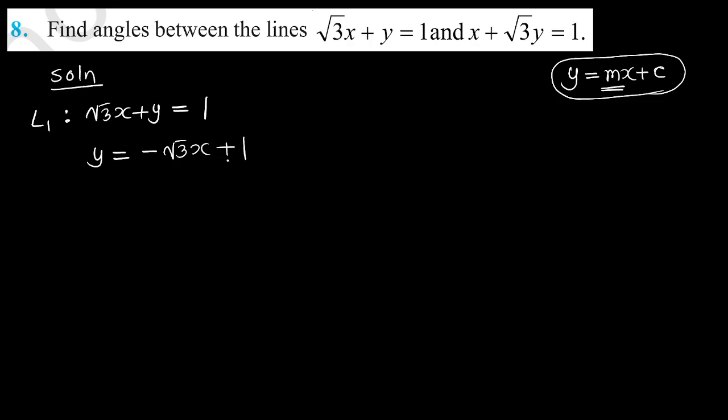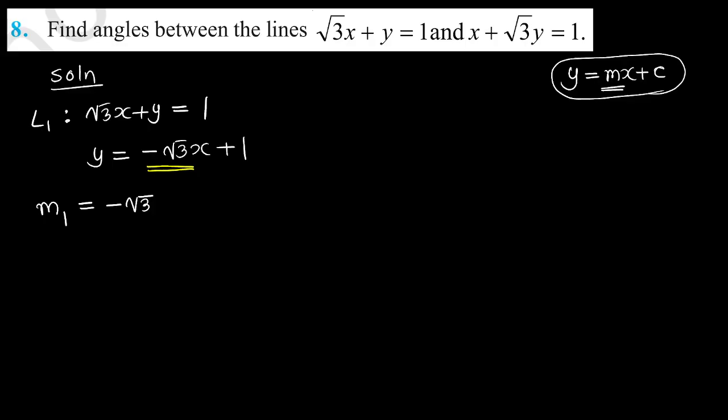Root 3x becomes minus root 3x. What is m now? This is y equal to mx plus c, so this is m, the slope of the line. The first line has slope m1, so m1 equal to minus root 3. The 1 I don't need, the y-intercept I don't want. So m1 equal to minus root 3.